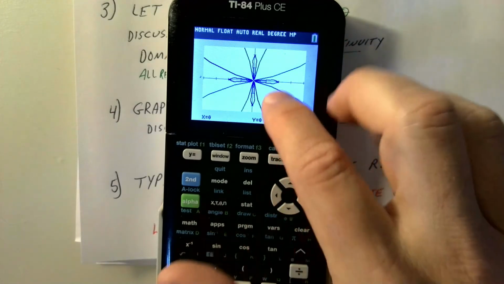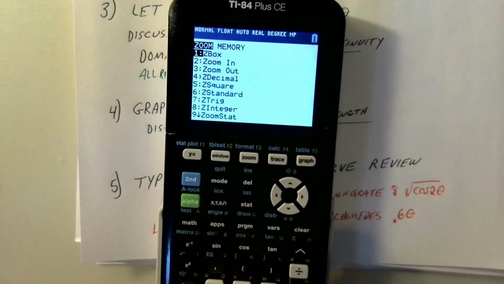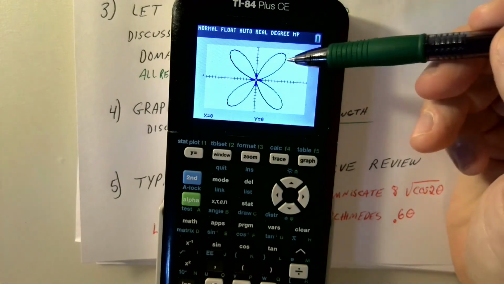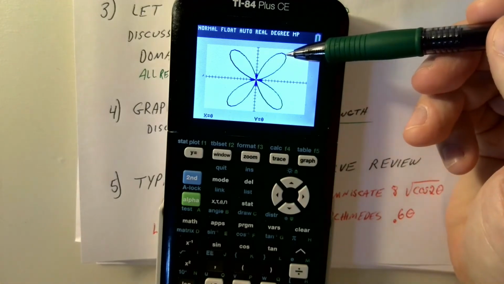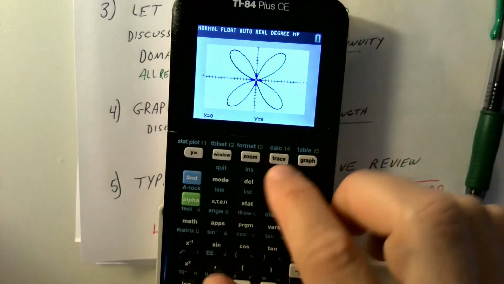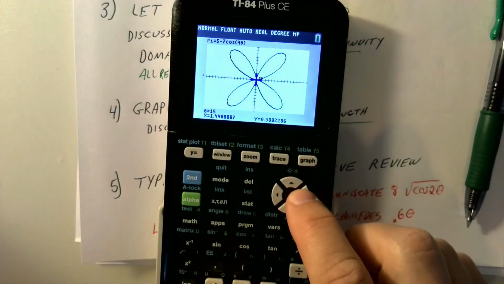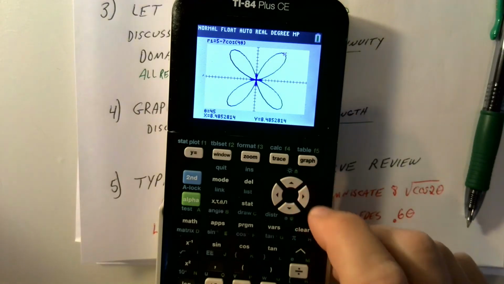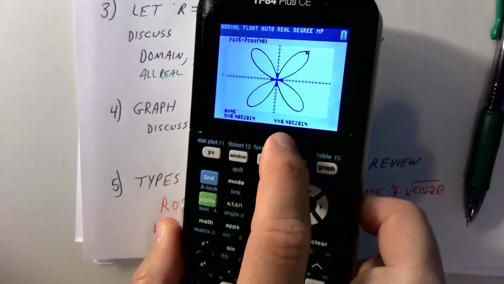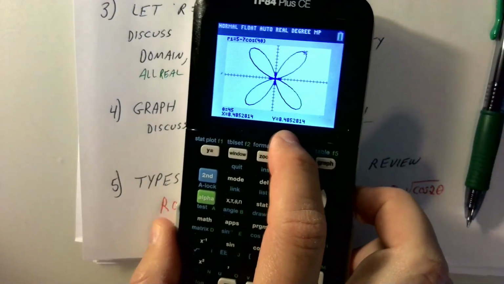And then the big petals, let's zoom back out again. The big petals go all the way out to here. I wonder what those are. So let's go ahead and hit trace. Let's see if I can get out there. Well, that shows me my x is 8.48 and my y is 8.48.